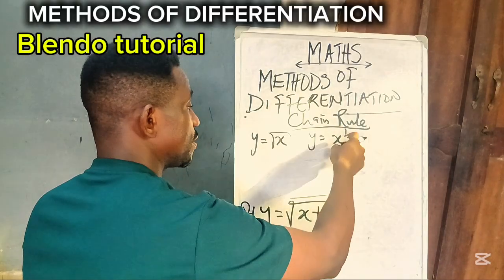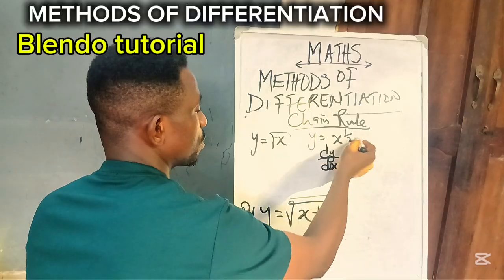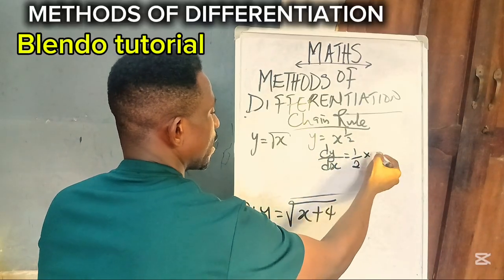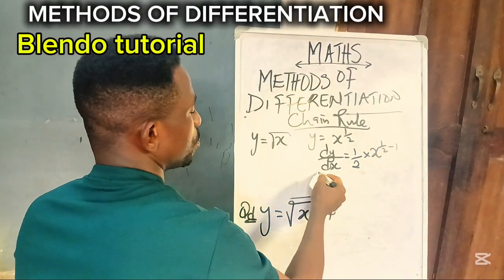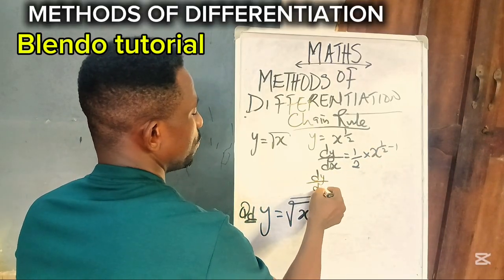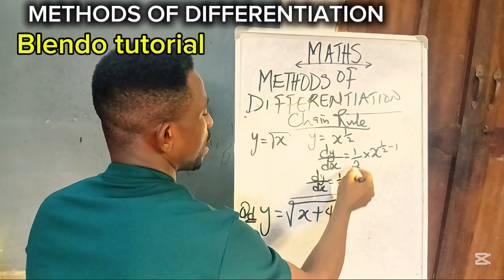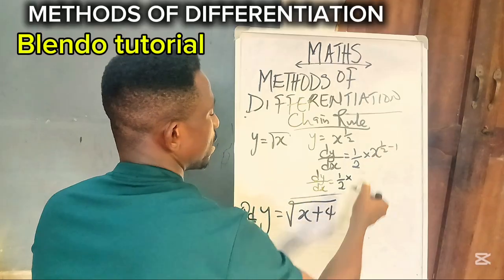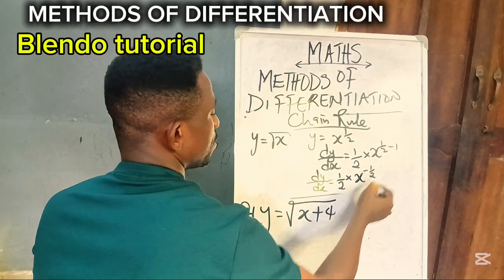When you solve this, dy/dx will give us 1 over 2, bring it down, multiply by x to the power 1 over 2 minus 1. So this is going to give us 1 over 2 multiplied by x to the power half minus 1, which is minus half. So we have x to the minus half.